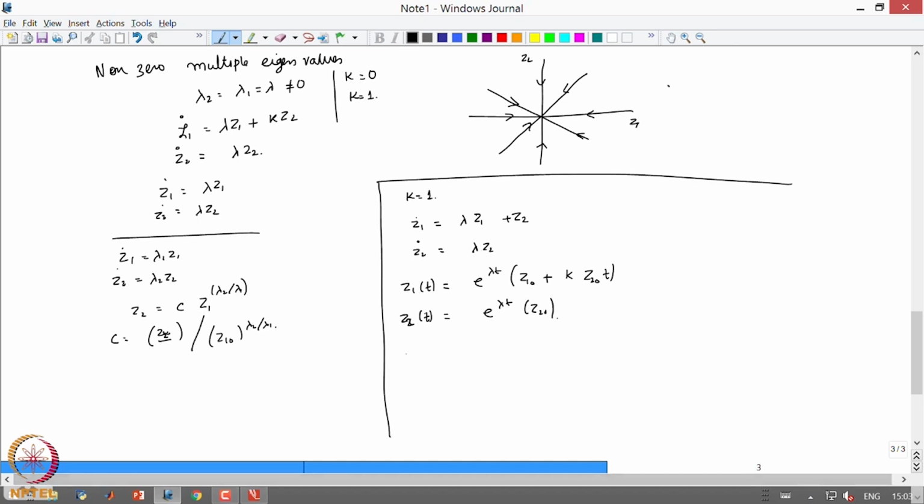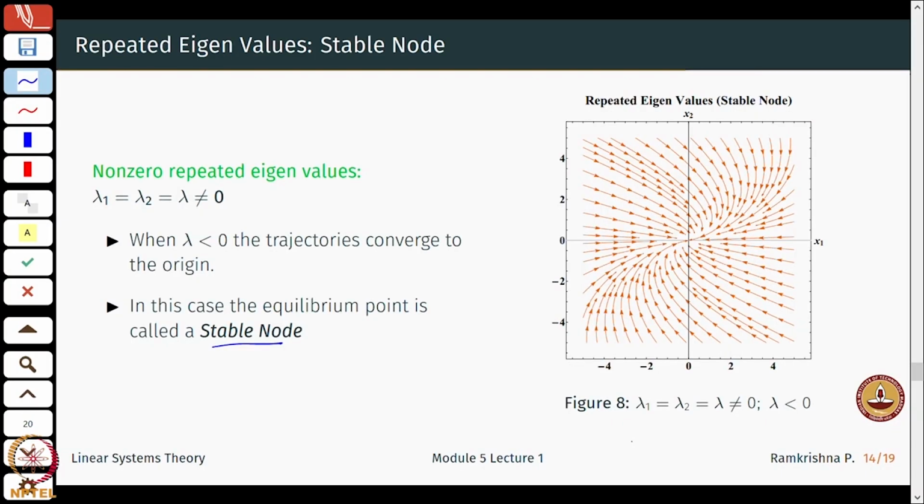If I want to write it in terms of z1 and z2, that will simply be z1 equals z2 times (z1 0 by z2 0 plus 1 over lambda log of z2 by z2 0). I will not plot this, but we will check what this means in the x1 x2 case.